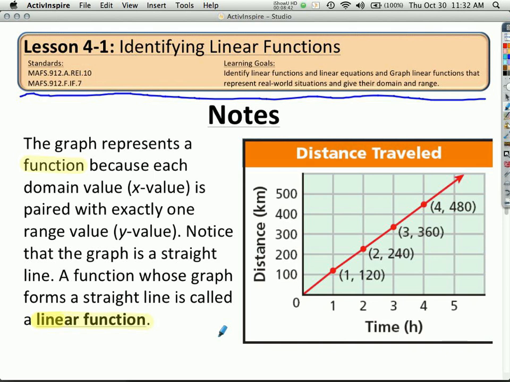So a linear function means a function that will form a line. So, function, linear function. This is just an example.